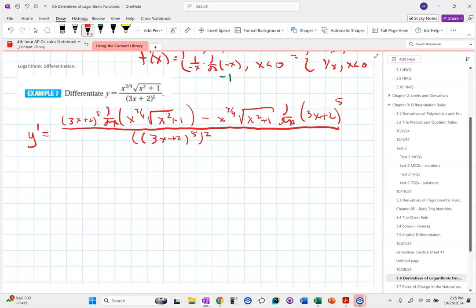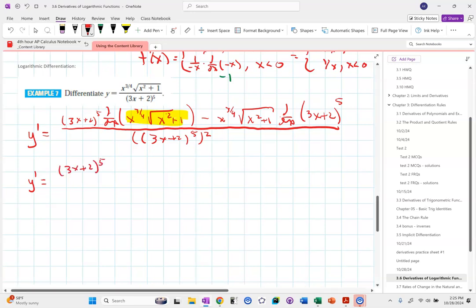So I'd have that, right? That's my quotient rule. That's to start. To do this, what am I going to need to do? Well, product rule is going to come first, right?